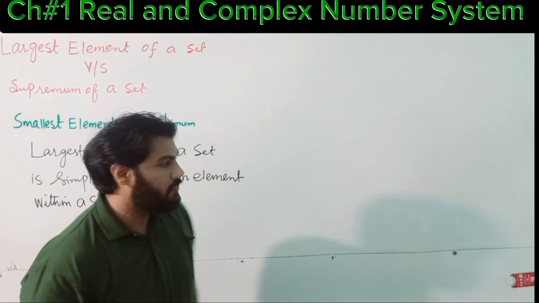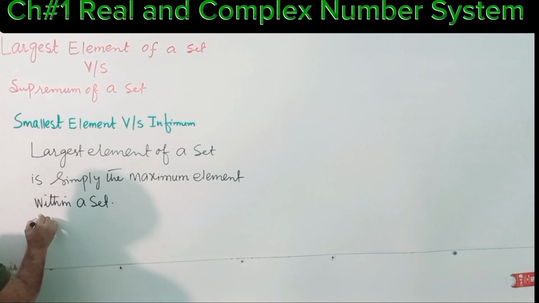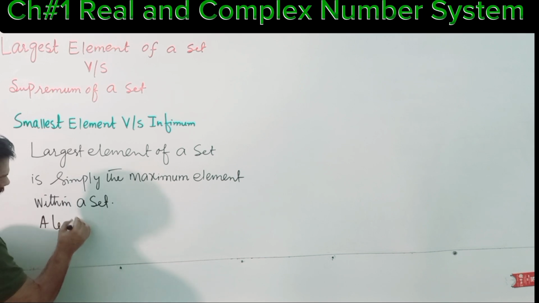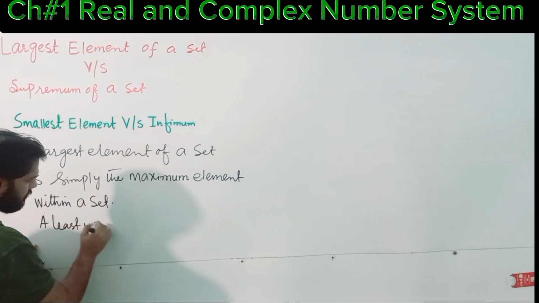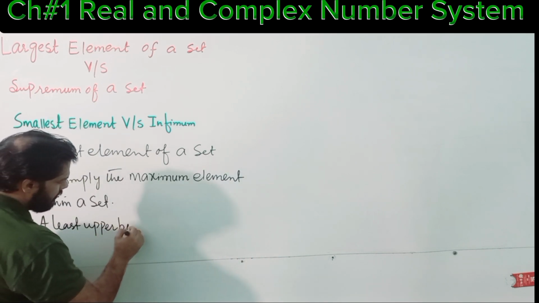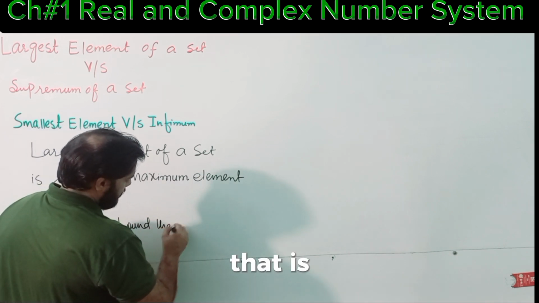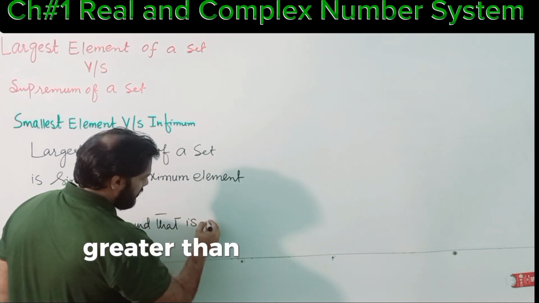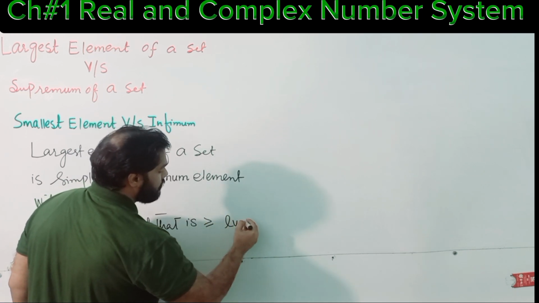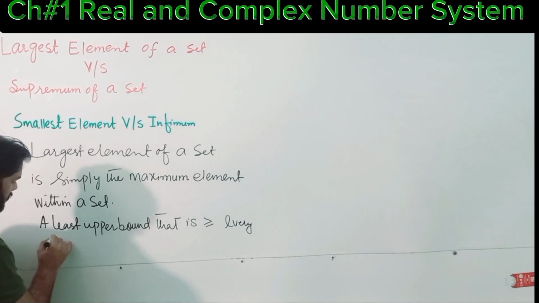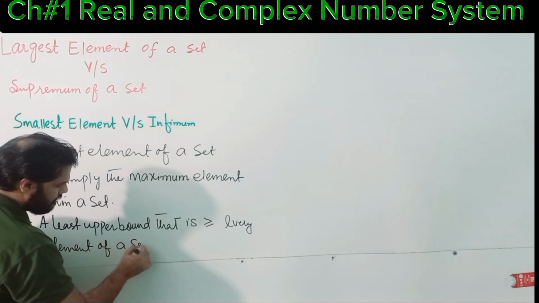Whereas the supremum of a set you can define as a least upper bound. Supremum, you know, is called a least upper bound, that is greater than or equal to every element of a set.